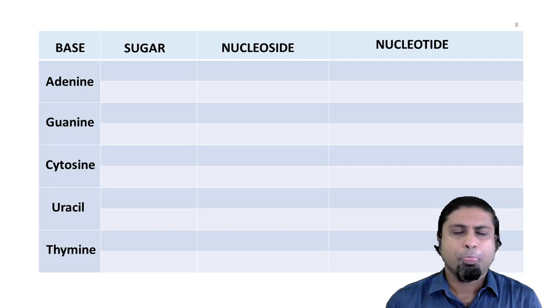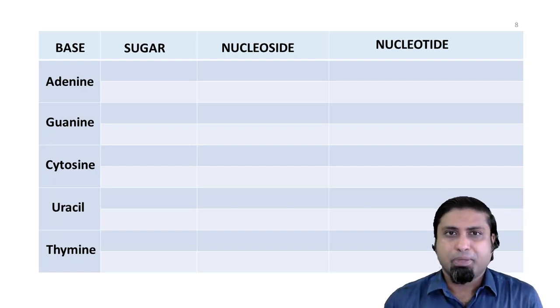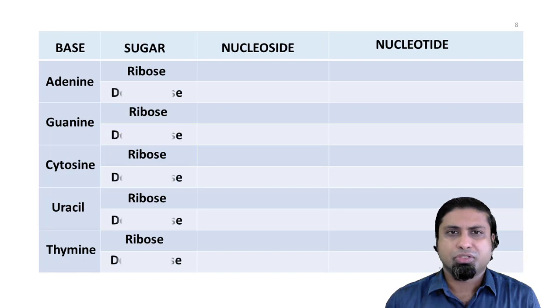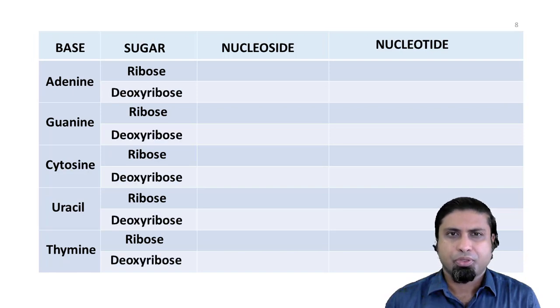So the sugars that we can combine with the bases include ribose and deoxyribose. When ribose is added to the respective bases, the terminology changes to give the respective nucleosides. For example, when we add ribose to adenine, we get adenosine.